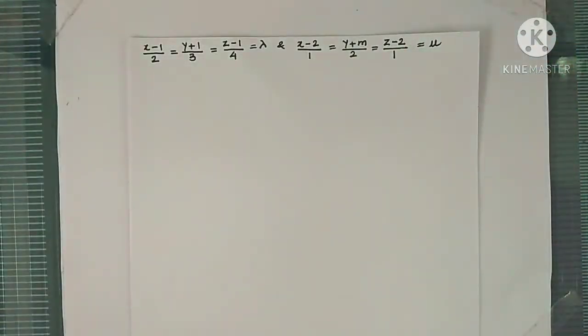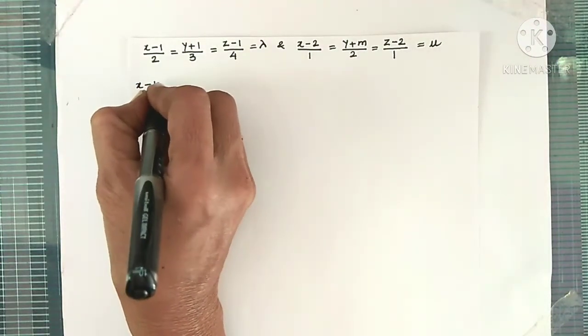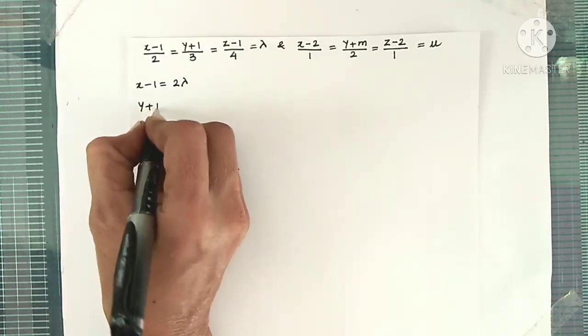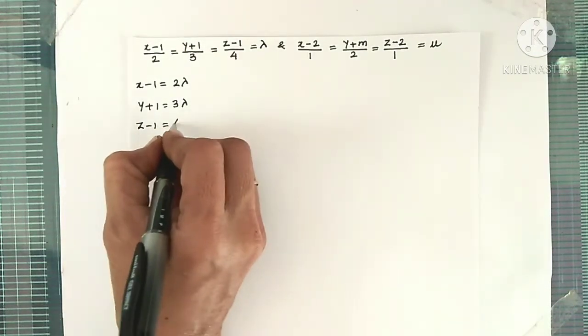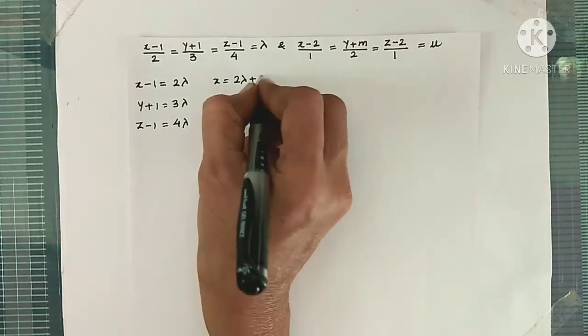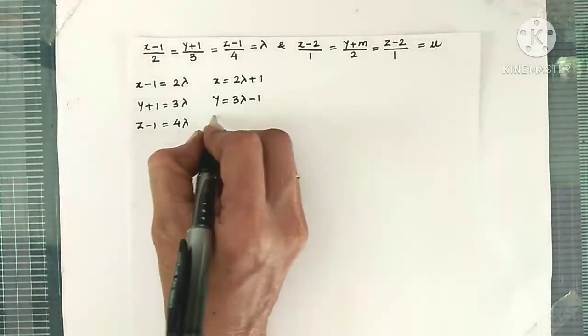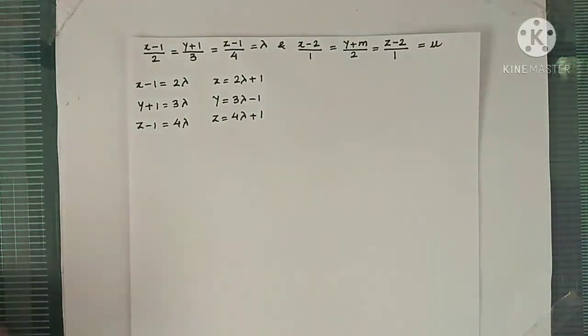Here if we cross multiply, what we get is x minus 1 equal to 2 lambda, then y plus 1 equal to 3 lambda, and z minus 1 equal to 4 lambda. So x is 2 lambda plus 1, y equal to 3 lambda minus 1, z equal to 4 lambda plus 1. So these are coordinates of any point on the straight line.